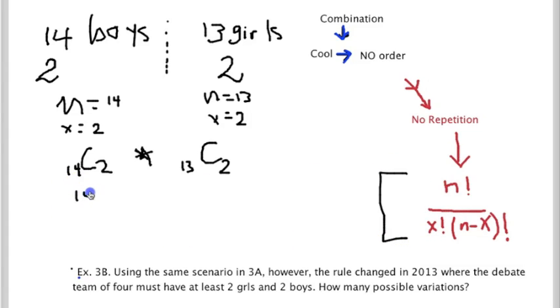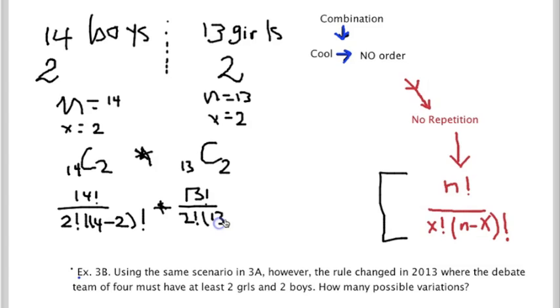Okay, so it's 14 factorial over 2 factorial, 14 minus 2 factorial, times 13 factorial over 2 factorial and 13 minus 2 factorial. Okay, so that is a solution for that one, and remember, make sure you take these 2 separately because there are 2 different sides to this question.